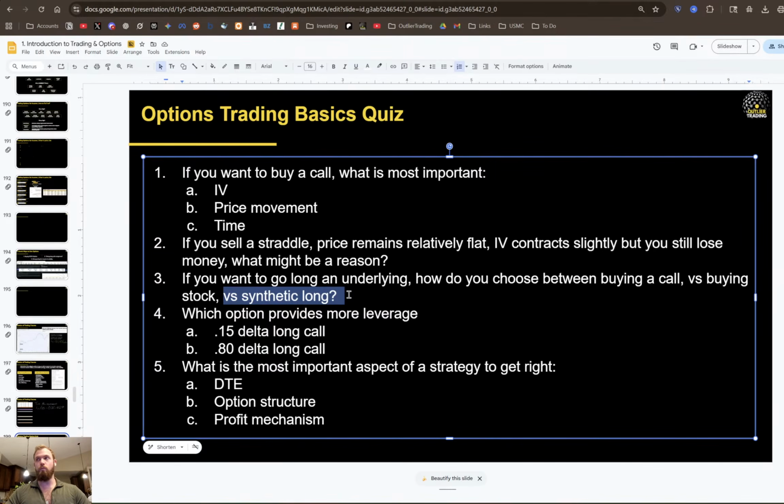Because what you're attempting to accomplish with the synthetic long is to neutralize the Greeks. And you wouldn't want the Greeks themselves to derail a position if you don't have some sort of opinion on things like implied volatility.